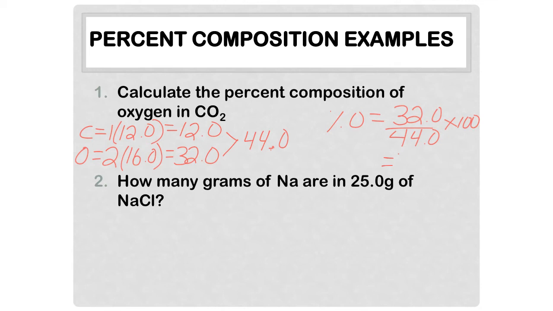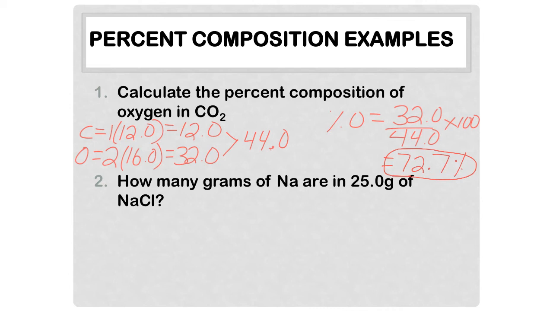Okay, our next one: how many grams of sodium are in 25 grams of NaCl? All right, there's a couple of different ways to do this problem. One way, you could do a multi-step mole problem with a couple of parentheses.